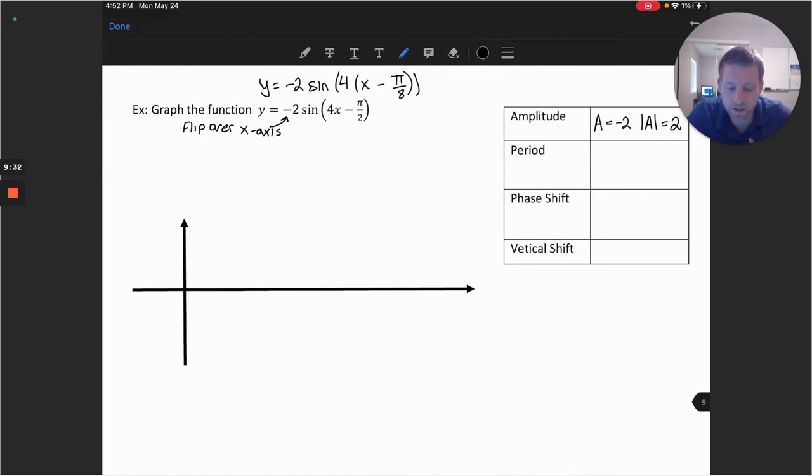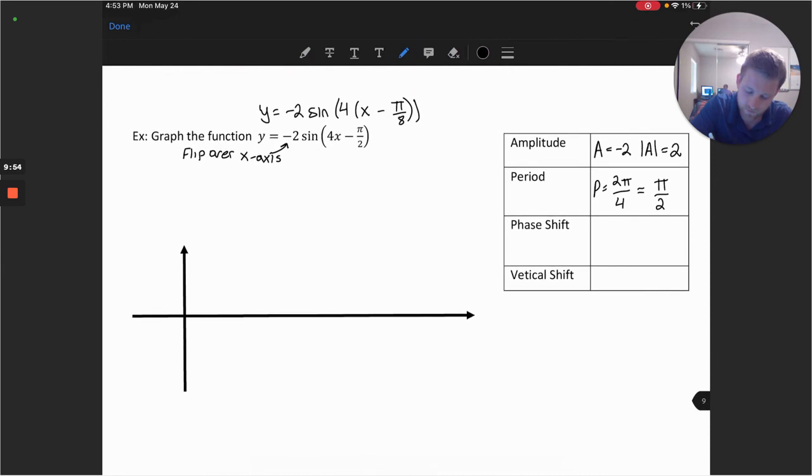If I look at my period, the period is always 2 pi over b. In this case, our b value is 4. Therefore, we're going to make a full cycle in pi halves units. And then finally, our phase shift is negative c over b.